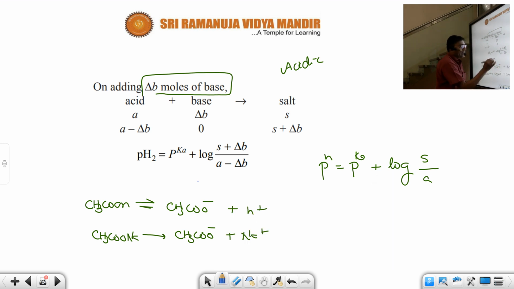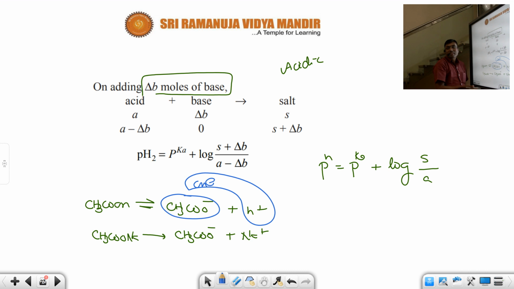When you add a base, OH minus, this will basically be removed. Water is removed. When water is removed, this concentration, this is called salt concentration, is increasing. So how much you add, delta b, salt is plus delta b. Now acid, what happens? This will dissociate to compensate. So acid value is decreasing, so minus delta b. So that is the formula.